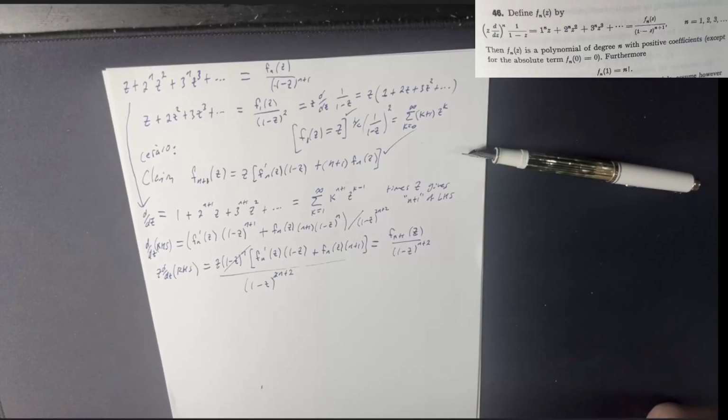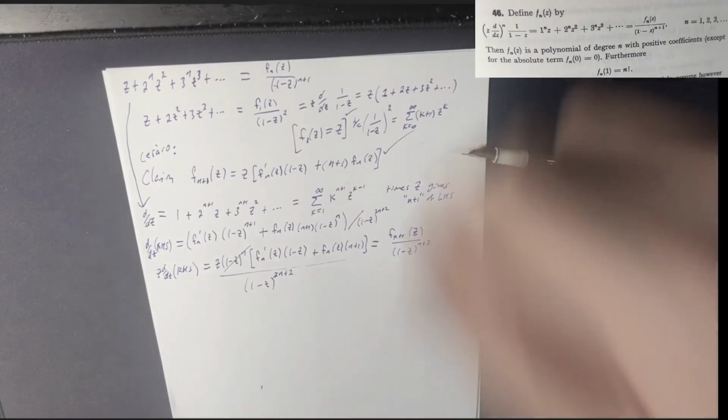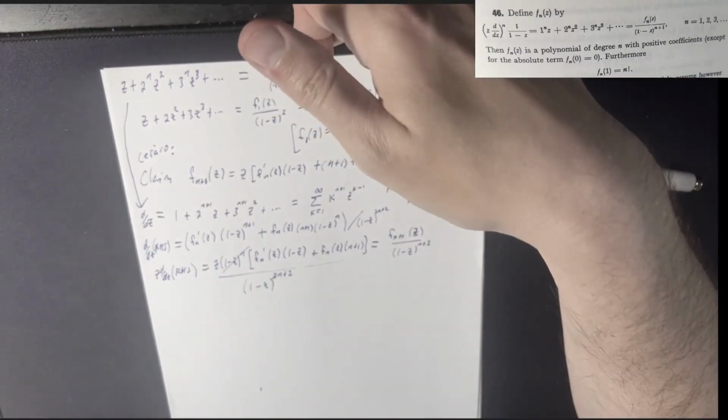His next thing was an observation about the coefficients, I guess. We saw already that f of 0 is 0.